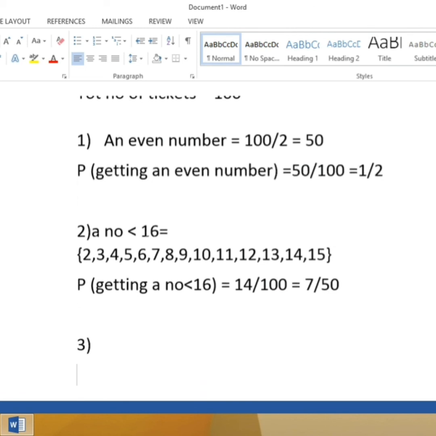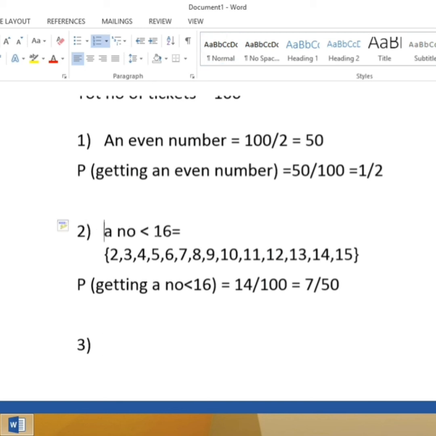Third part of the question. The second one is not listed out properly in the numbering list, so we're changing that. Third part of the question is, the number is a perfect square.